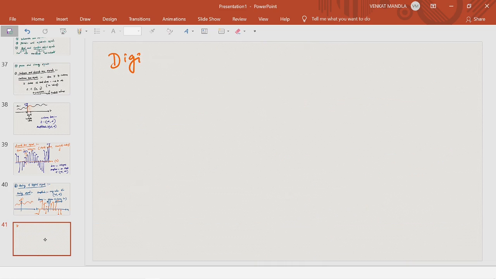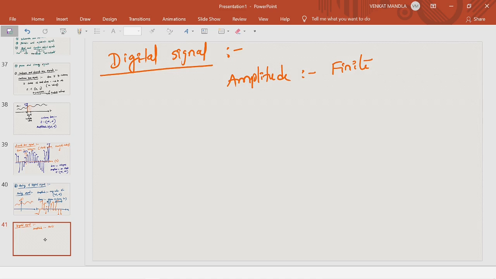Next, digital signal. In a digital signal, the amplitude is finite. We have to specify how many amplitudes it will take: 2 amplitudes, 3 amplitudes, 4 amplitudes, and so on. But they are finite.